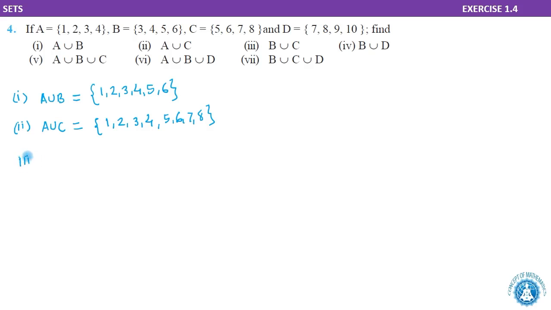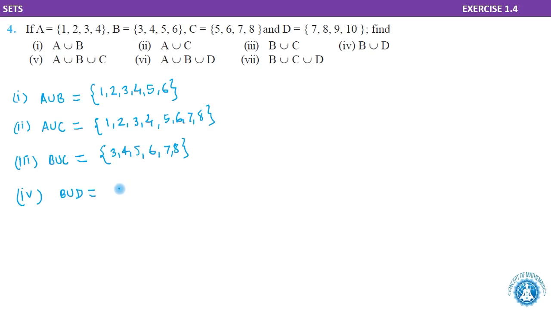Next is, find the union of B and C. B union C is equal to 3, 4, 5, 6, 7 and 8, correct? Next one is the union of B and D.